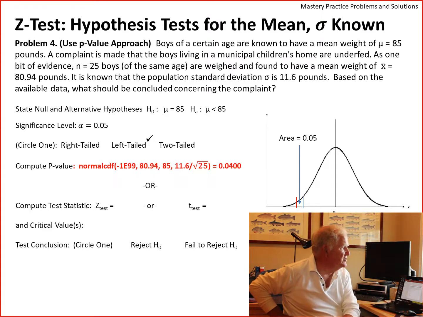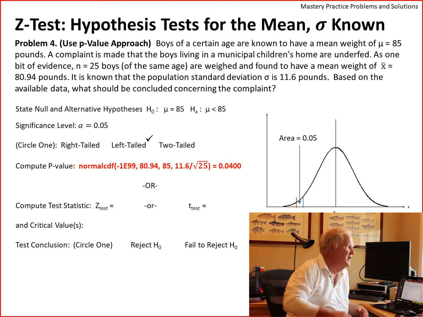That is normal CDF, with the lower bound minus E99, or minus 9 nines, the upper bound 80.94, the mean of the sampling distribution is 85, and the standard deviation of the sampling distribution is 11.6 divided by the square root of n, and n is 25. When you work that out, normal CDF tells you that the p-value is 0.04.